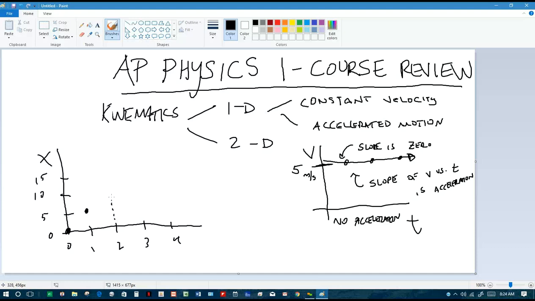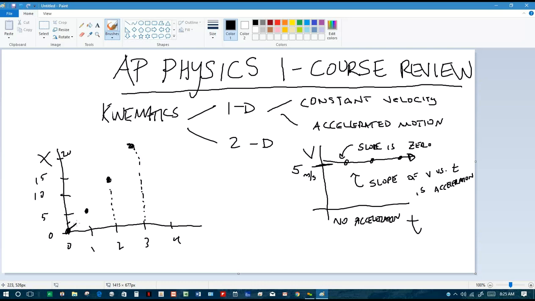So if this was the 10 and this was the 15 mark, for our 2 second mark, we wouldn't want to place it right at 10 because that's constant speed. We'd have to lift it up a little bit and maybe put it up here. And then when we go to the 3 second mark, he won't be at the 15. It won't go 5, 10, 15 like before because, again, that's constant speed. He'll be a little further than the 15 mark. Maybe that's, who knows, at the 20 mark.